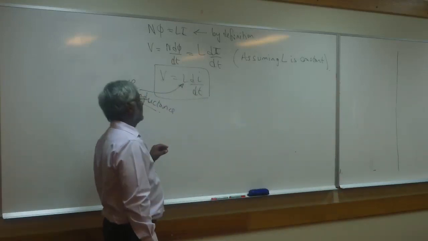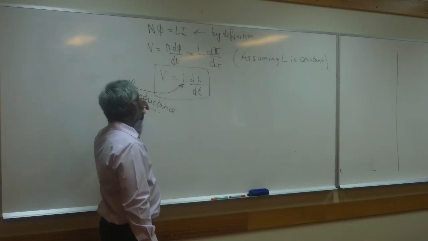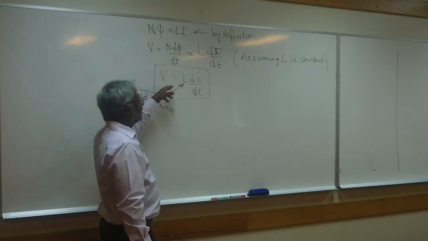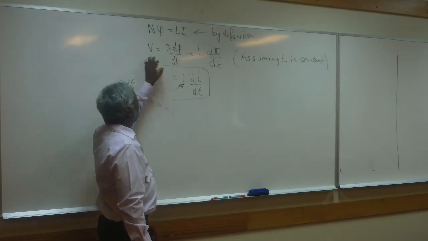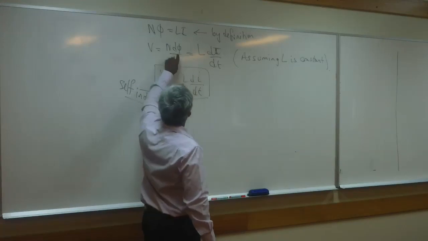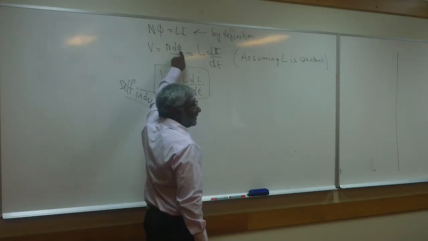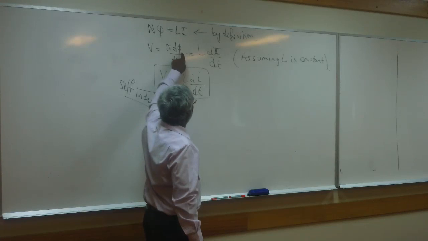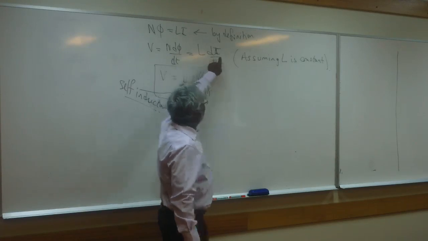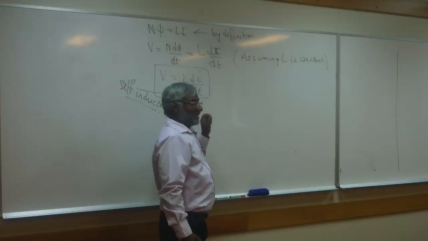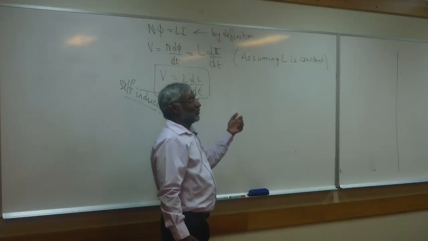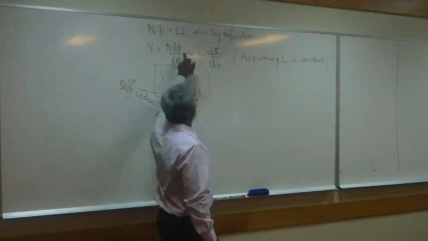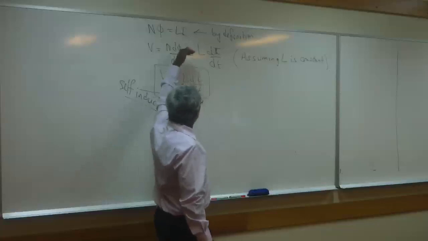You can see that this equation is rather incomplete, because when we write this down, this flux here can come from anywhere. It doesn't have to come only from one current. There could be other currents in other coils nearby that are contributing to the flux.